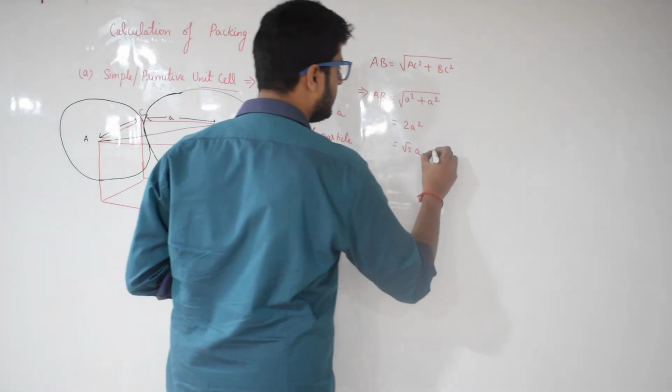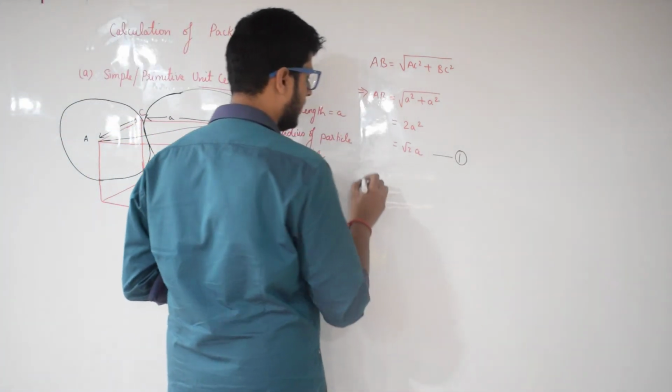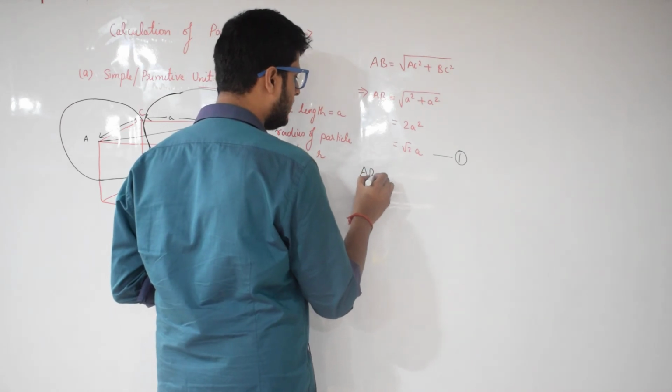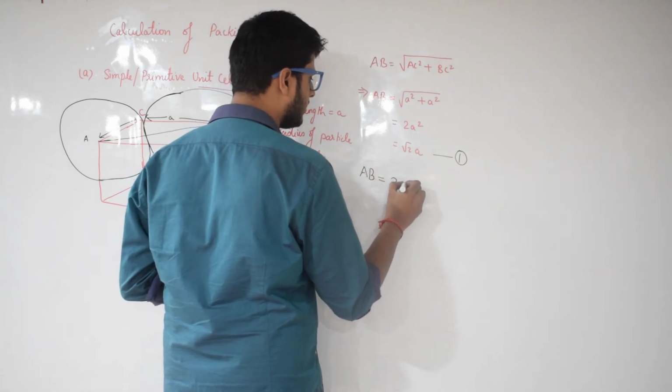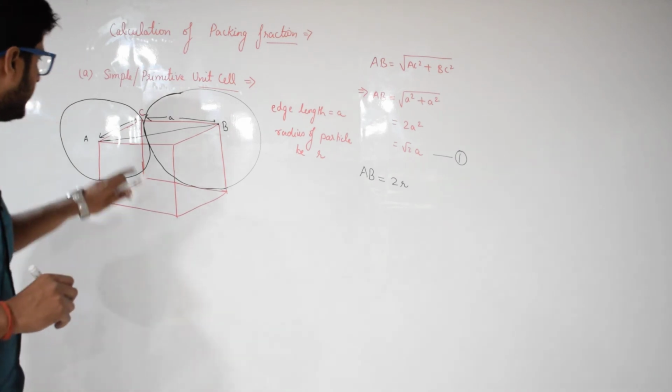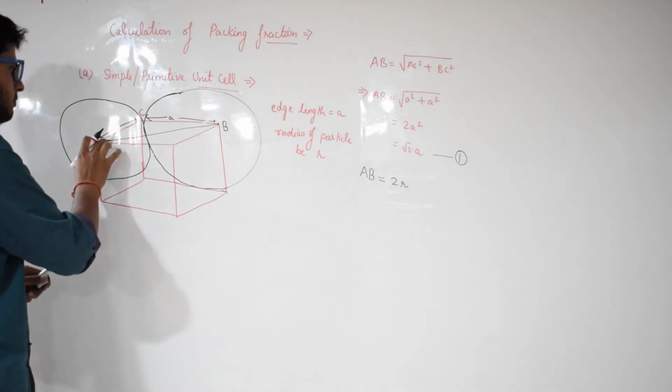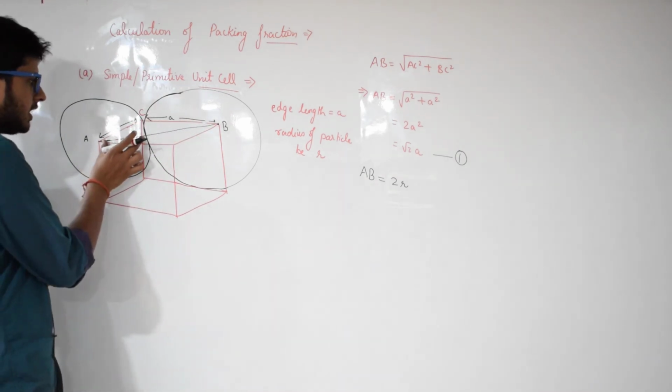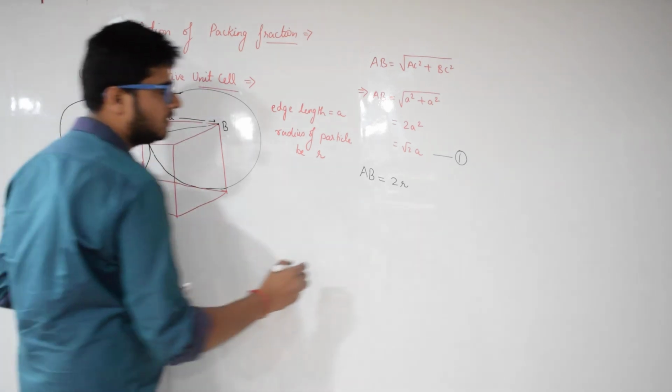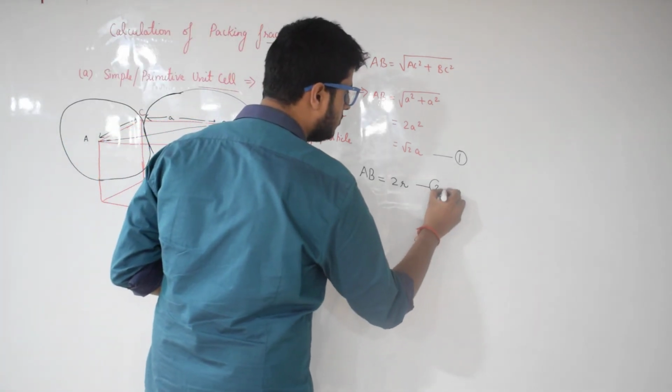Let this be equation number 1, and we also know that AB is equal to 2R because the two particles are touching each other. This is R and this is also R. Let this be equation number 2.